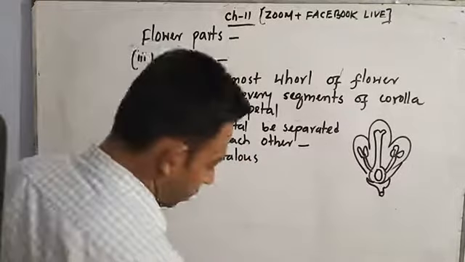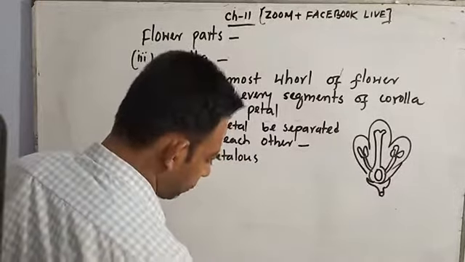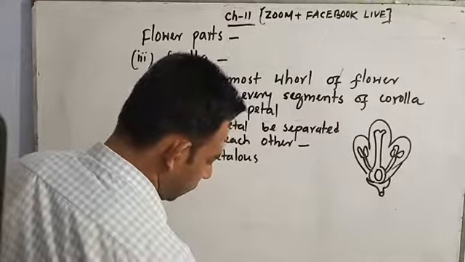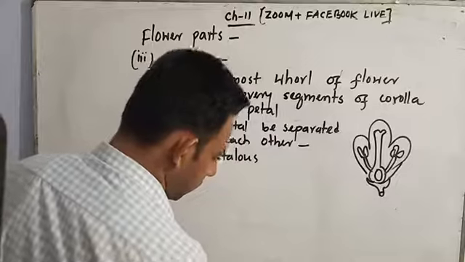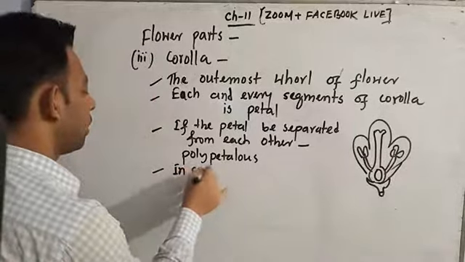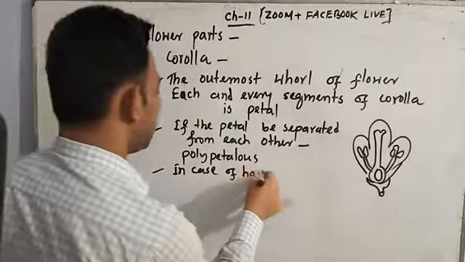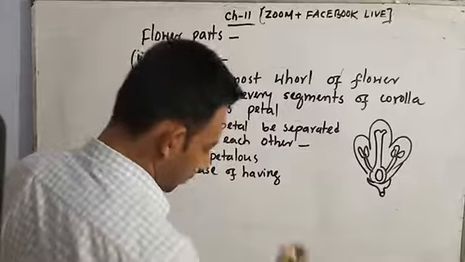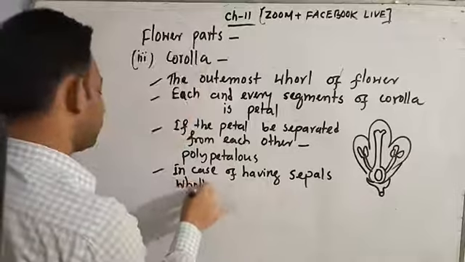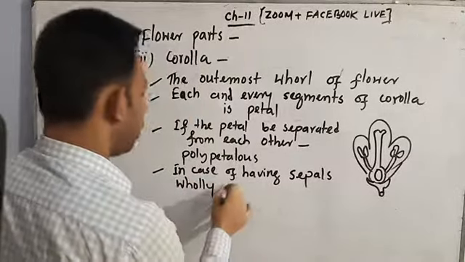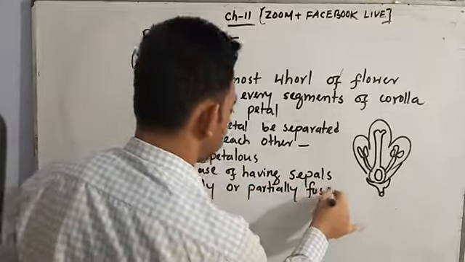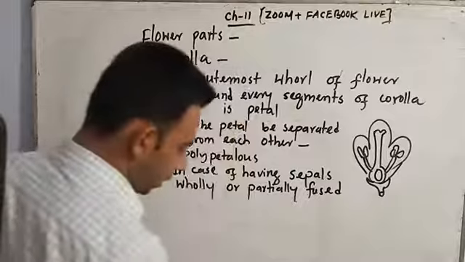And we can write another one: in case of having sepals wholly or partially fused, it is called gamopetalous.